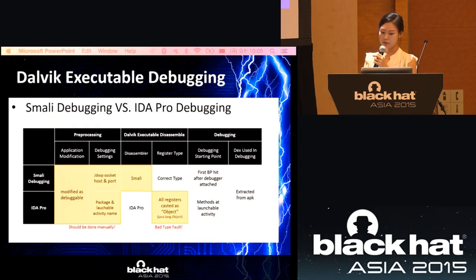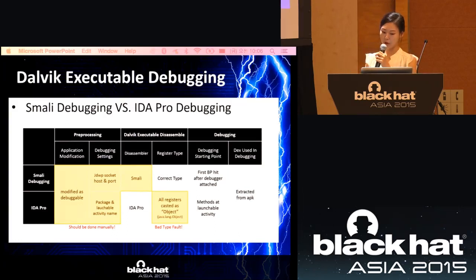Also, the debugging starting point is different. In the case of Smali debugging, the NetBeans project attaches to the process which is already running on the smartphone. So when the debugger is attached, the application is already running, and the analyst cannot debug the previous instructions before the debugger attachment.